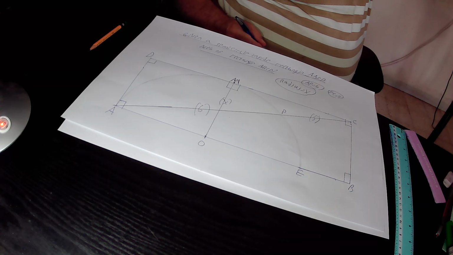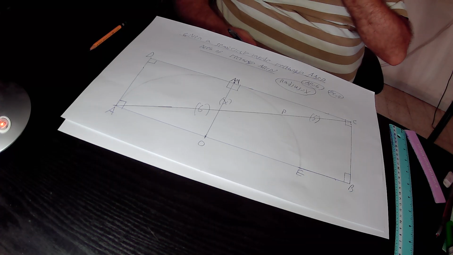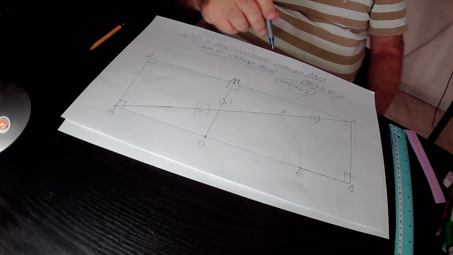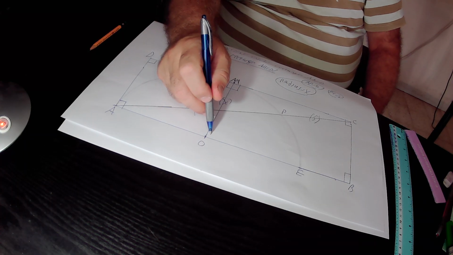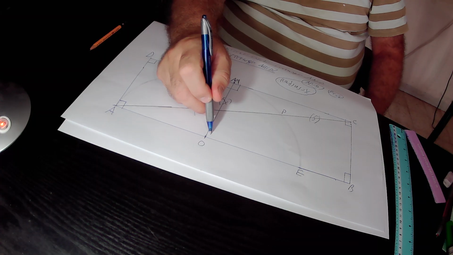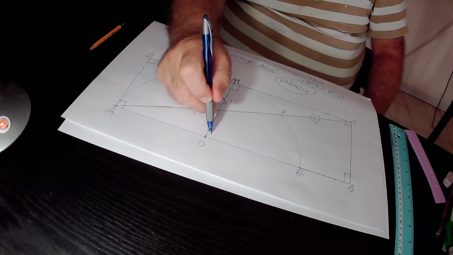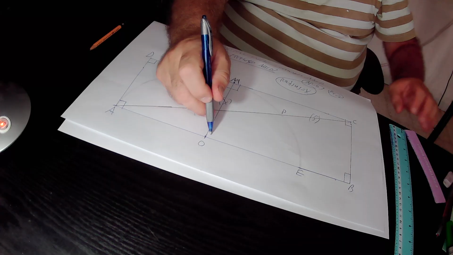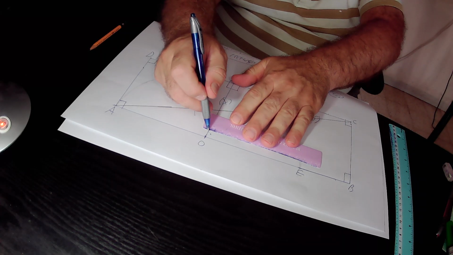The sum of 3 right angles is 270 degrees, so 270 degrees plus the size of this fourth angle, in total, must be equal to 360 degrees according to the rule that states that the sum of the angles in any quadrilateral is equal to 360 degrees. Therefore, this fourth angle must be equal to 90 degrees in its size.